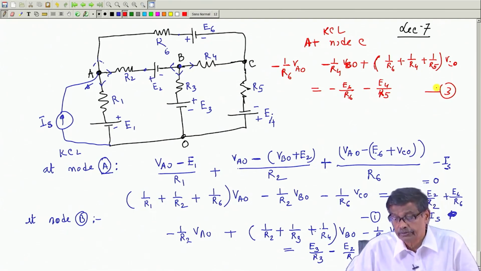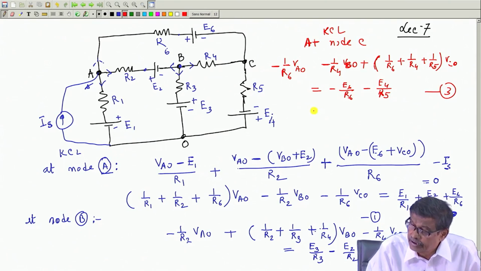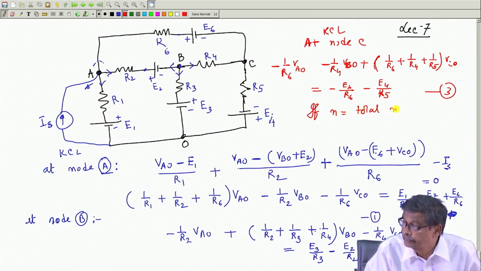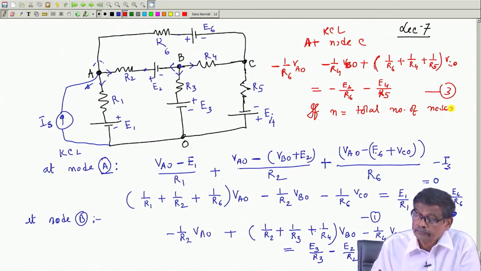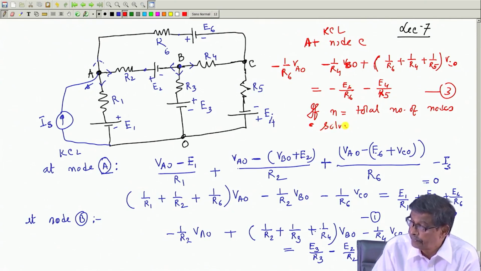In essence, what I am trying to tell is, in nodal analysis, you identify the nodes. If n equals the total number of nodes, then you have to generate and solve n minus 1 equations.